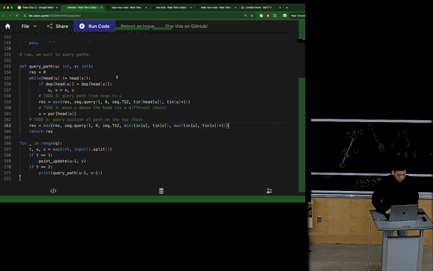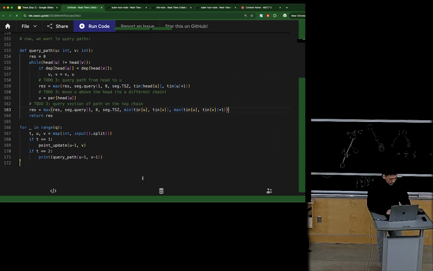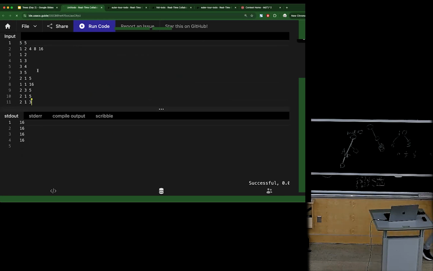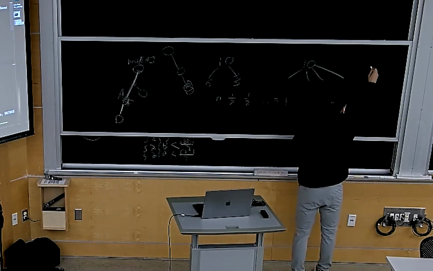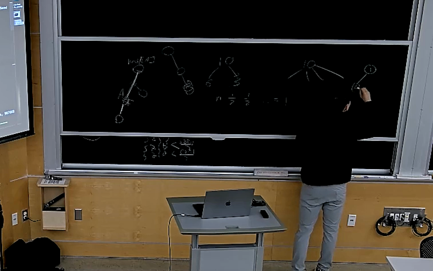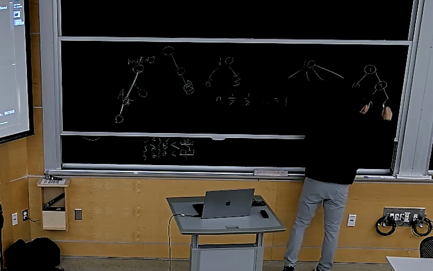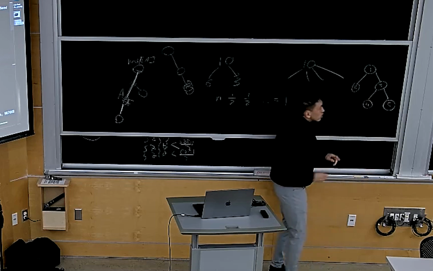Okay, so now that we have this code done, we can actually test it over here. Here we've generated a tree, and if we run the code, we can see that it outputs 16 for everything. We can verify this if we draw out the tree.